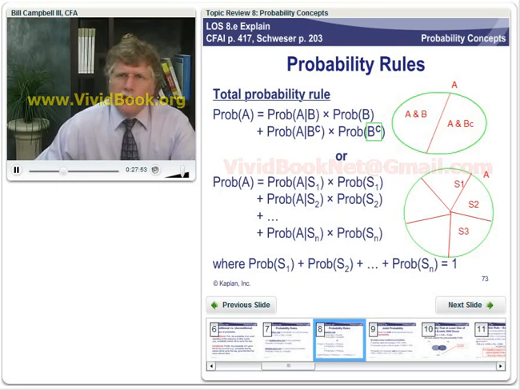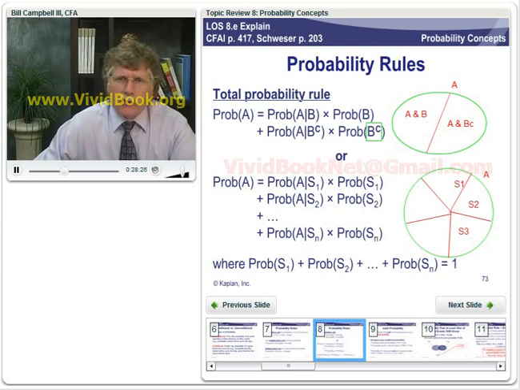And so we can take the whole probability for A, the whole green oval there, and chop it up into A and S1, this top wedge, and A and S2 for the next wedge, and A and S3, the next wedge, and so on. And what's important is that the probability of S1 plus the probability of S2 plus the probability of S3 and so on equals 1.